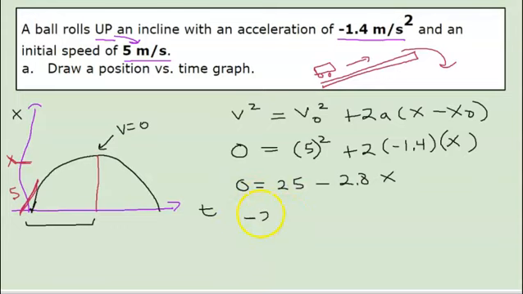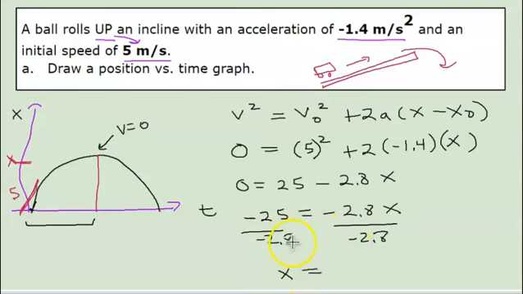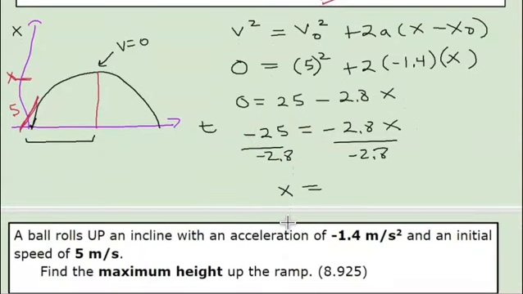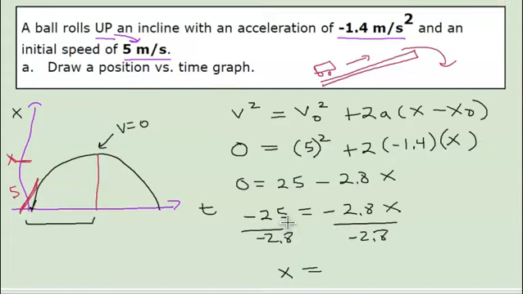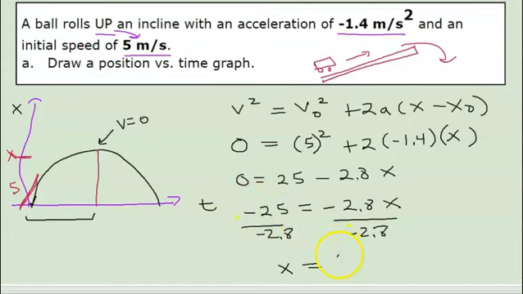I'm going to subtract 25 from both sides, and then I'm going to divide both sides by negative 2.8. And you get, if this were minus 2.5, that'd be 10 even, so we're a little shy of that: 8.925 meters. So that is your max height.